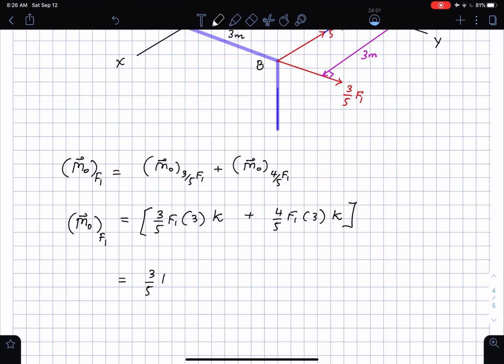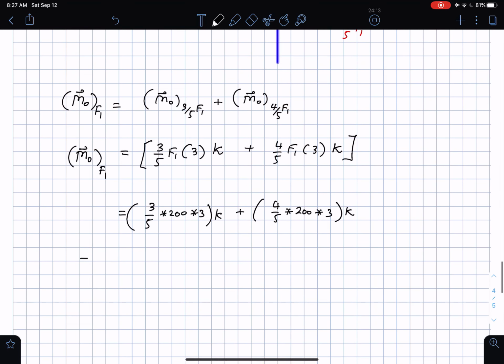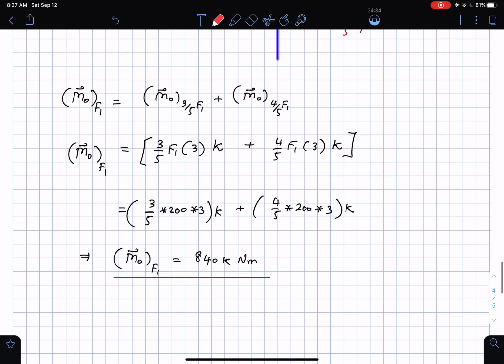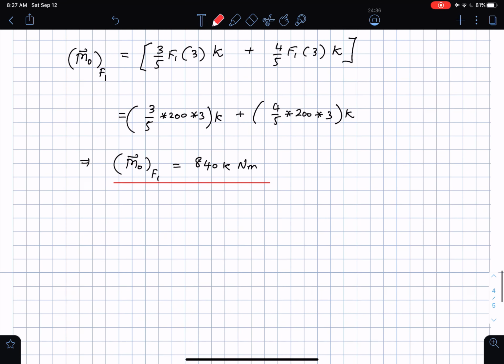So this is going to be 3/5 times 200 times 3 in the k plus 4/5 times 200 times 3 in the k, which tells me that the moment about the point O due to the force F1 is going to be approximately 840 k newton meters. So we're done with one of these forces, and we've got to do the same thing with the other force as well. There is not much of a problem at all. Now I'll go to the next force.